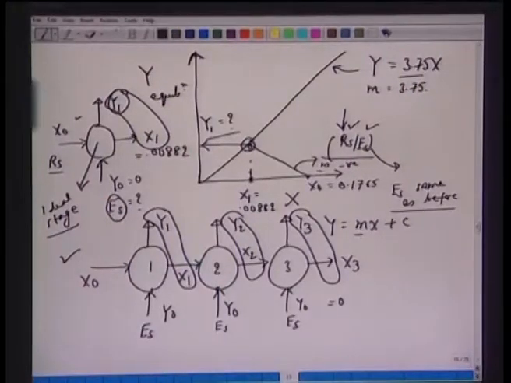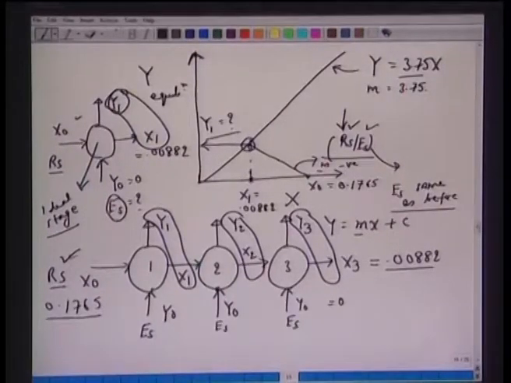X0 is given to us same as before, 0.1765, and x3, the concentration of the stream which comes out from stage 3, is also given, 0.0082. So, these two are the same as before. Flow rate Rs same as before, 850 kg.